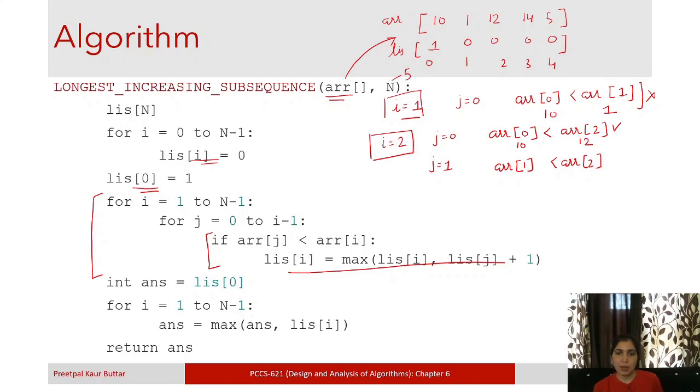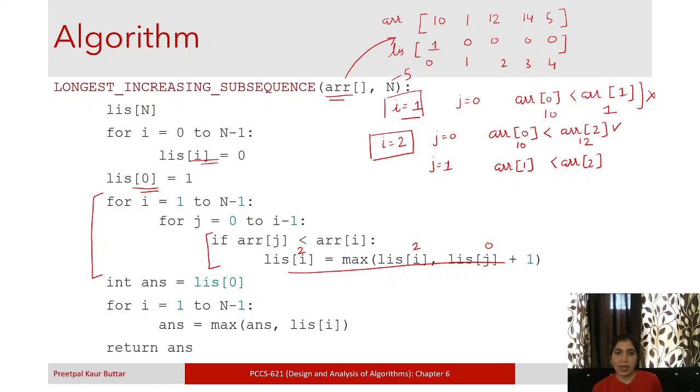What is this statement saying? LIS I, that is LIS 2, is equal to the maximum of LIS I comma LIS j plus 1.